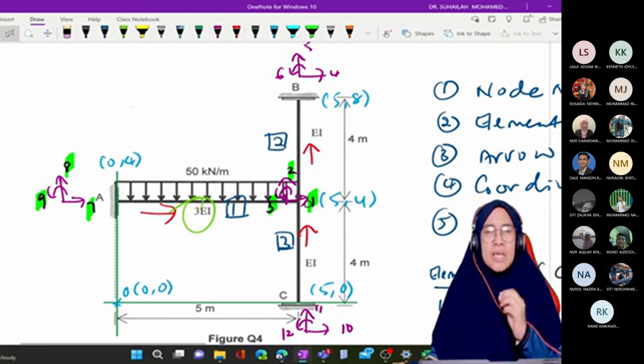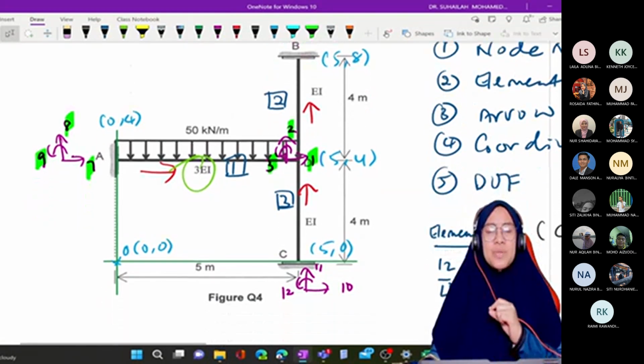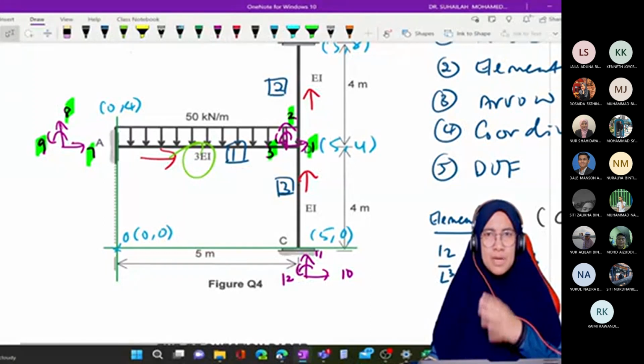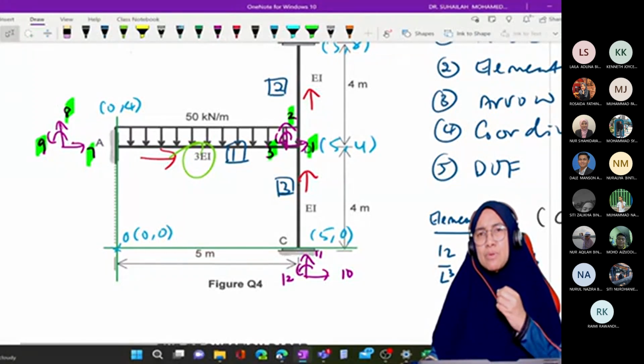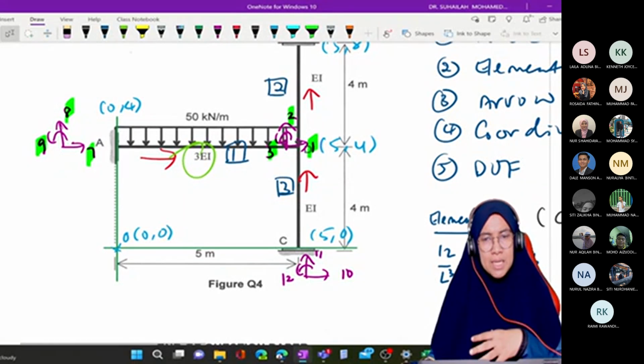But we have Q1 naught value, which we get from 50 kilonewton per meter. We have to distribute it equivalently to node A and node D.